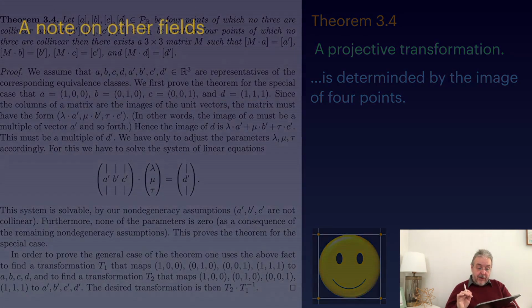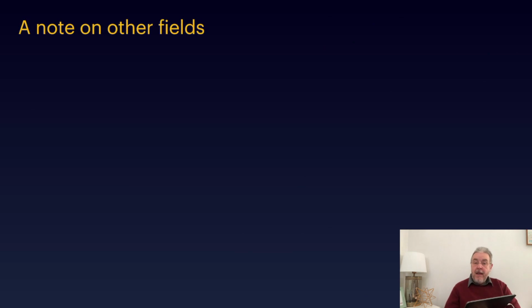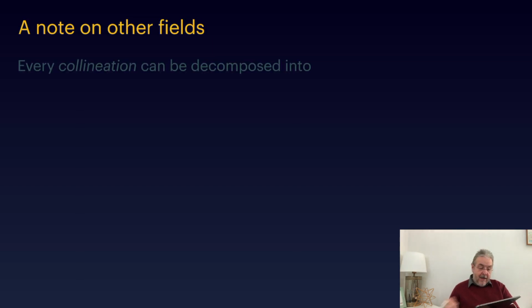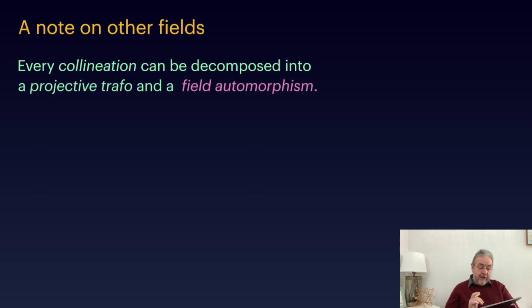Well, so much about R. Let me finish with some notes on other fields. Over arbitrary fields, the following thing holds. Every collineation can be decomposed into a projective transformation and a field automorphism. And as soon as the underlying field has non-trivial automorphisms, this becomes interesting.